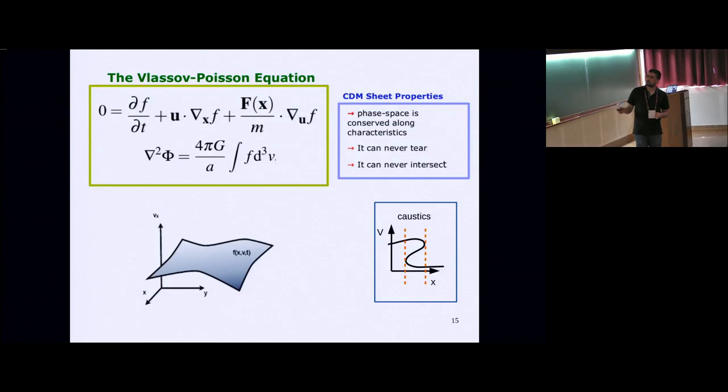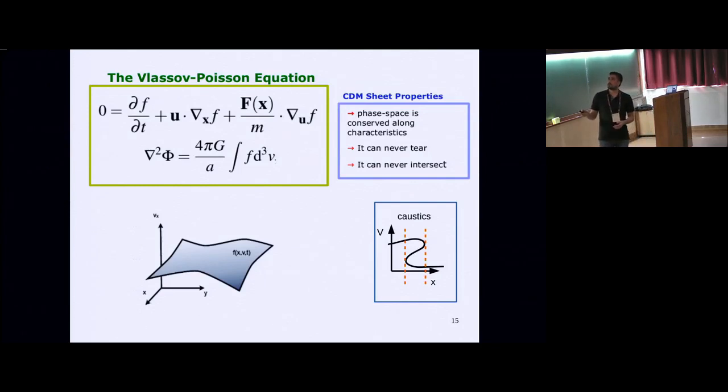That's just telling you about the conservation of phase space along the characteristics of the system. And it's supplemented by the Poisson equation that's just telling you that the total force is going to be exerted by the mass distribution, which in this case is the integral of the distribution function over velocity. Right, so this is not a formal derivation of this equation, but gives you a hint of what it's capturing.